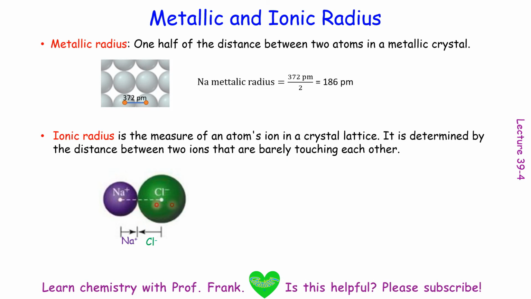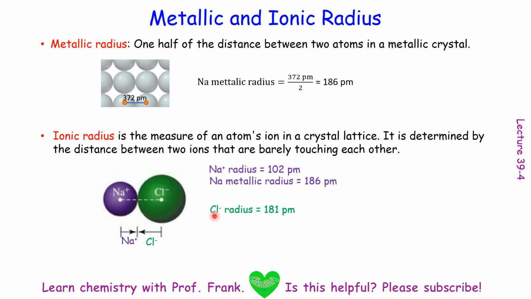Like in sodium chloride, the bond length should be the sum of the sodium ion radius plus the chloride radius. So sodium ion radius in sodium chloride is 102 picometers. Chloride radius in sodium chloride is 181 picometers. So those are the ionic radius.